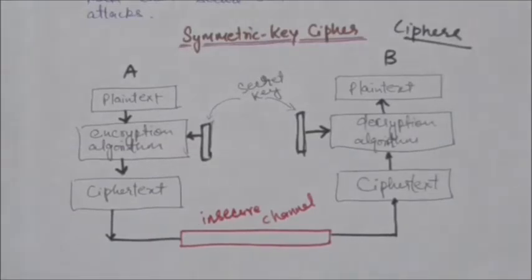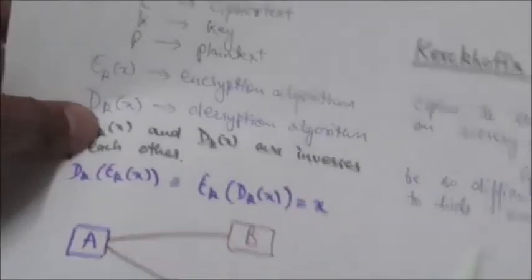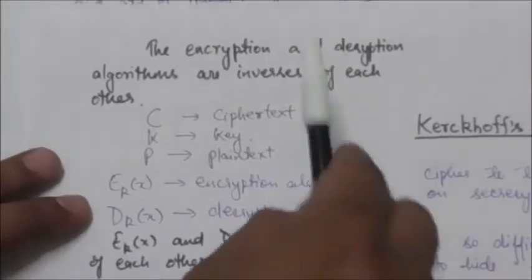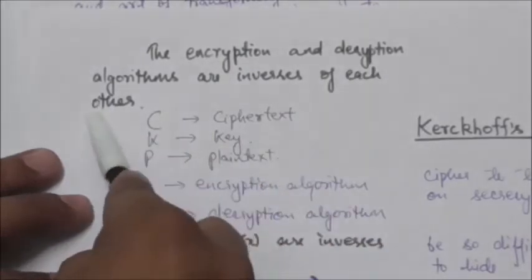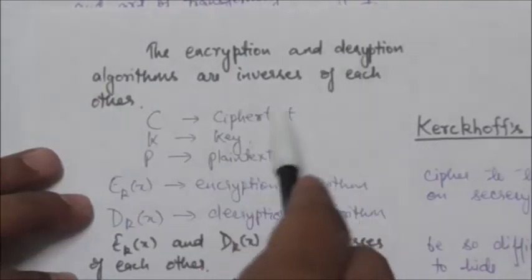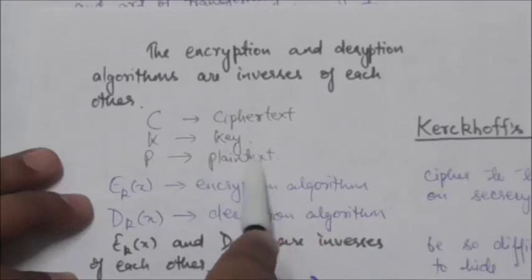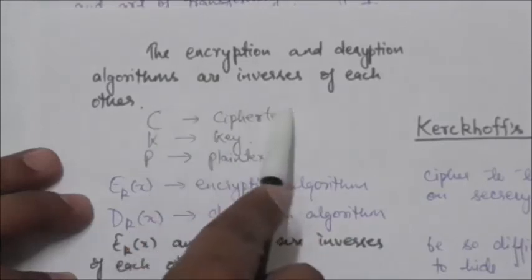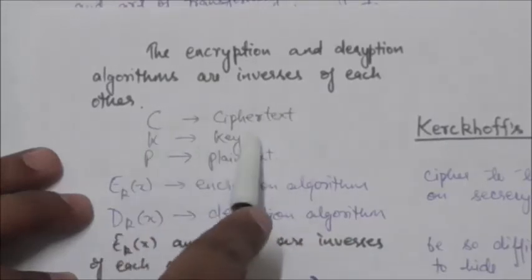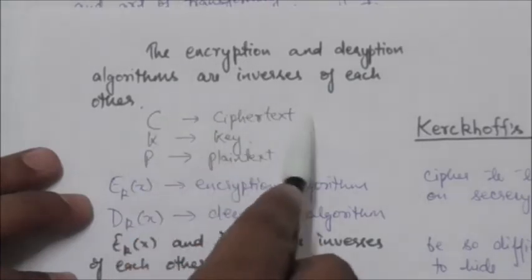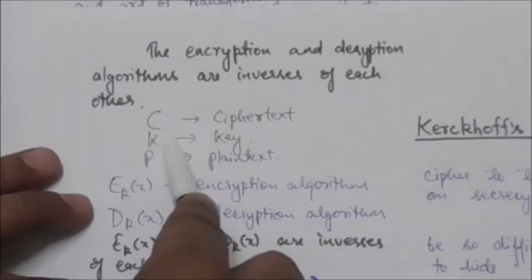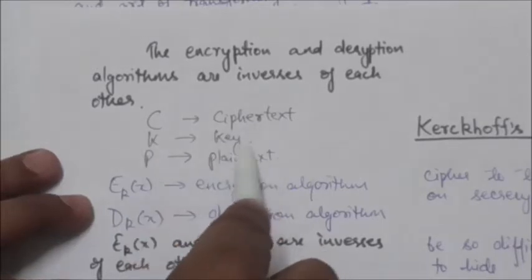Now, the encryption and decryption algorithms are inverses of each other. So what does it mean? Suppose P is the plain text, C is the ciphertext, and K is the key.